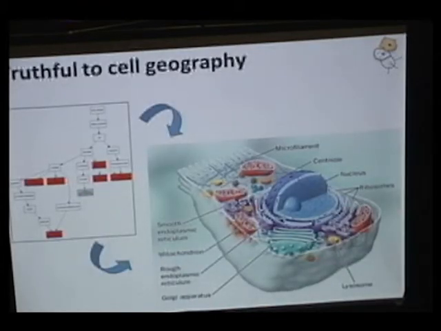And third, be truthful to cellular geography. The cellular component ontology, which is a portion of GO, maps to a particular three-dimensional location in a cell.